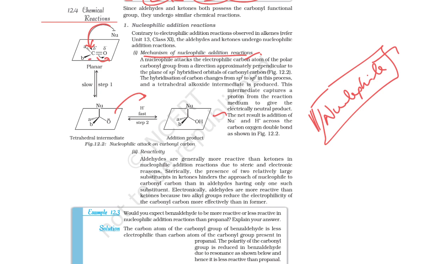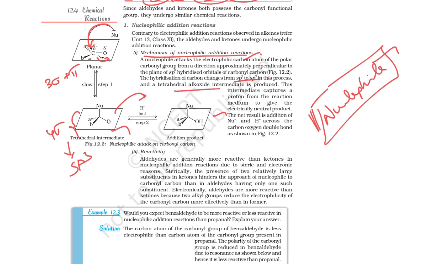It attacks approximately perpendicular to the plane of the sp2 hybridized orbital of the carbonyl carbon. The hybridization of the carbon changes from sp2 to sp3, because in a ketone there are 3 sigma and 1 pi bonds, but after the nucleophile attack we get 4 sigma bonds, so it becomes sp3 hybridized. Right?